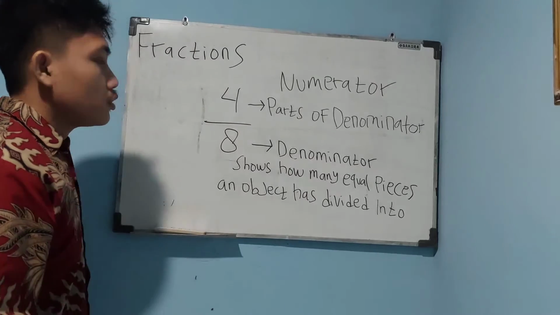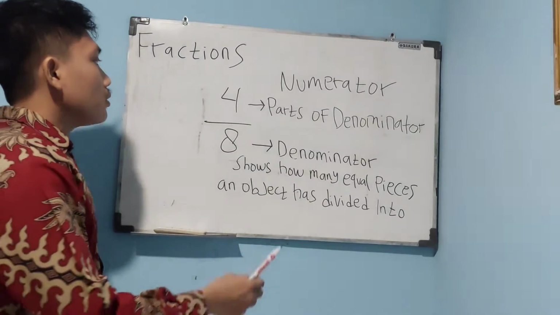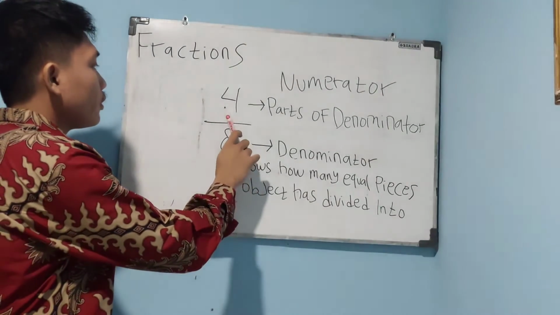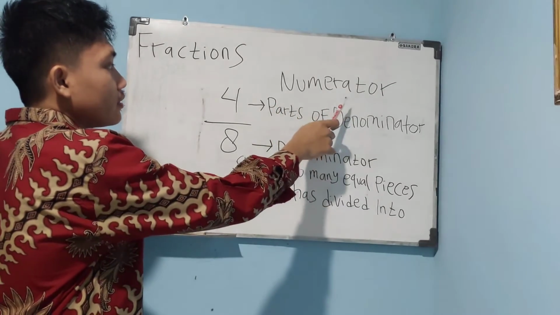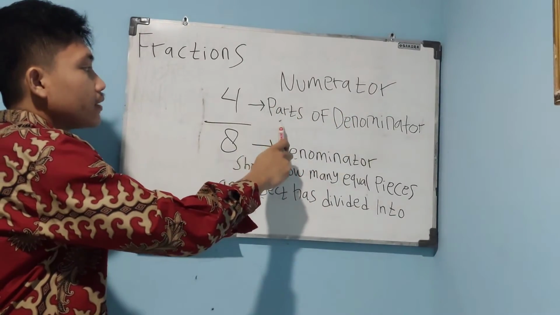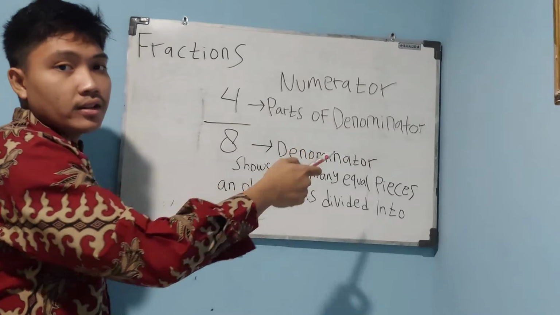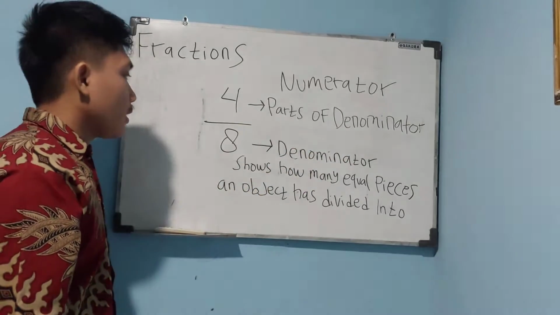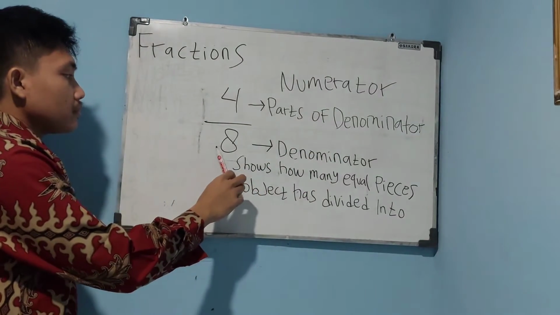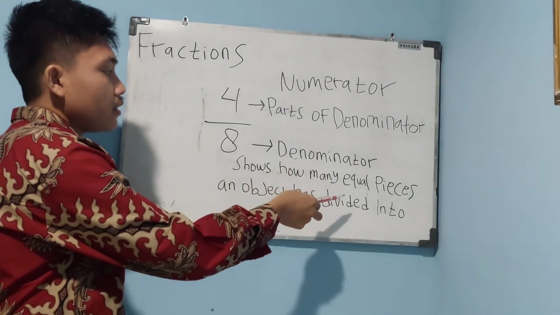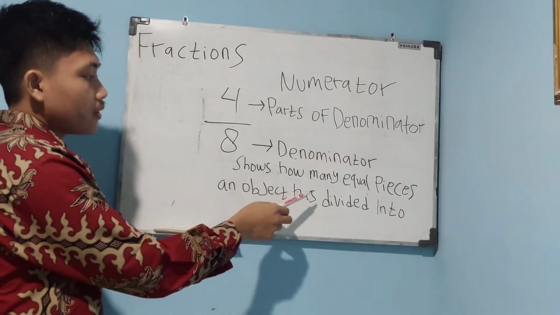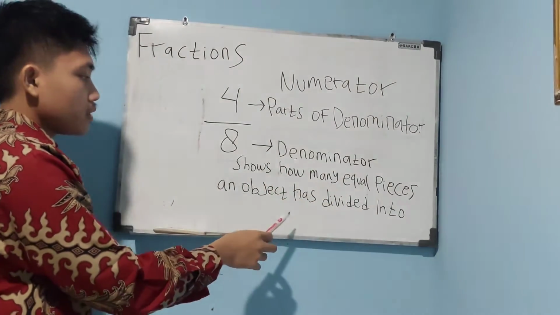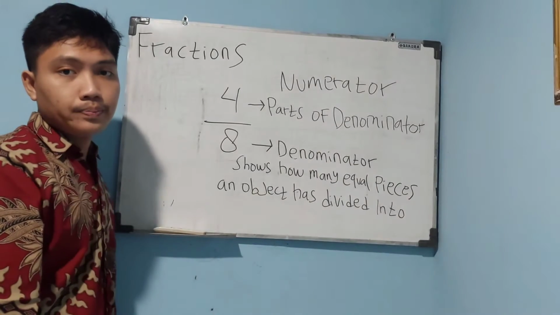I will explain to you one by one. As you can see, 4 is the numerator. It's the parts of the denominator you are looking at. And the bottom is called the denominator. It shows how many equal pieces an object has been divided into.